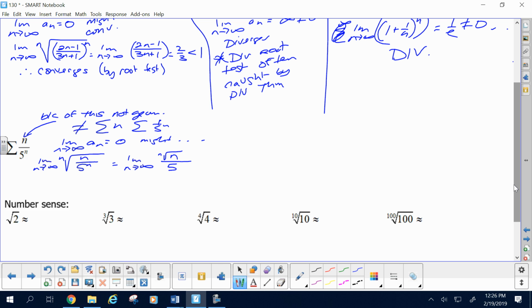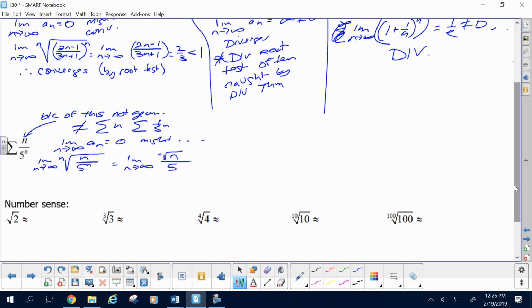Pretty cool so far. You'll see that top happen once in a while, especially with the root test, but at other times too. In Maclaurin series, this will start to happen, so you need to be familiar with that. So let's take a little side investigation. If somebody has a calculator out, can you help me out here? The question is, as n gets huge, what happens when you take greater and greater roots of greater and greater numbers?